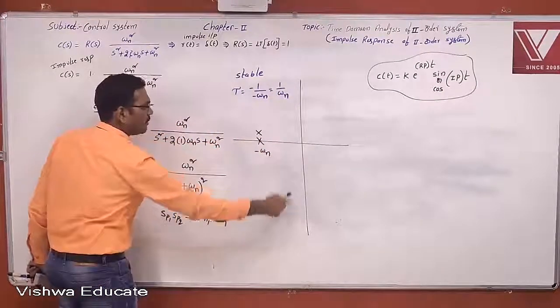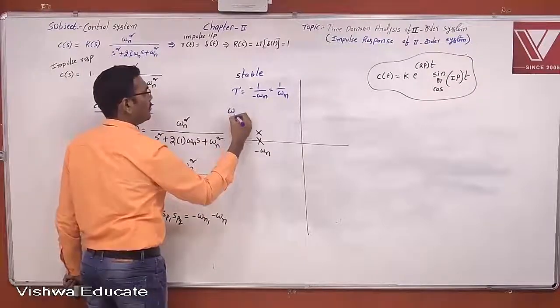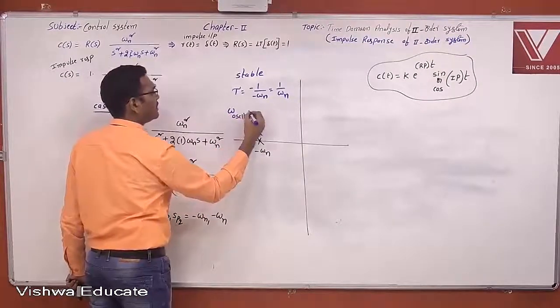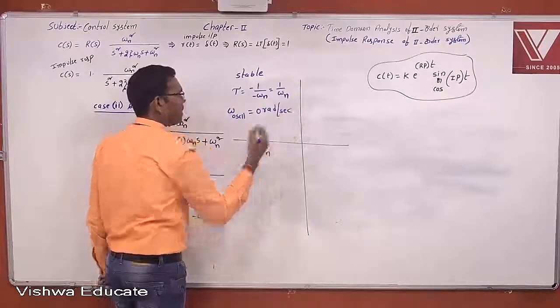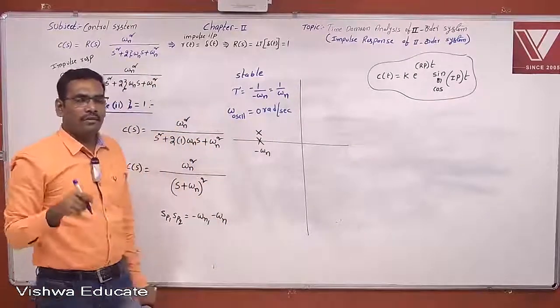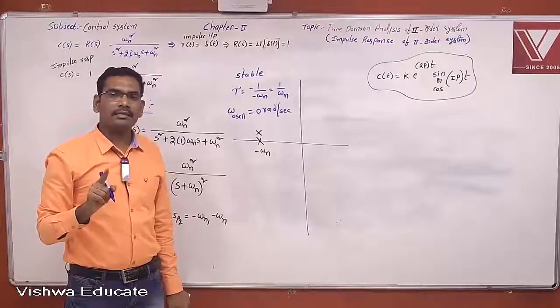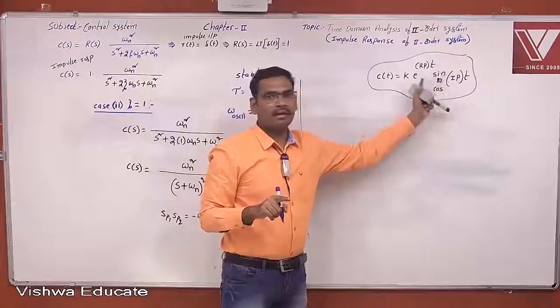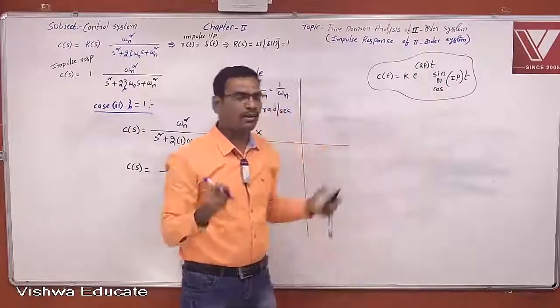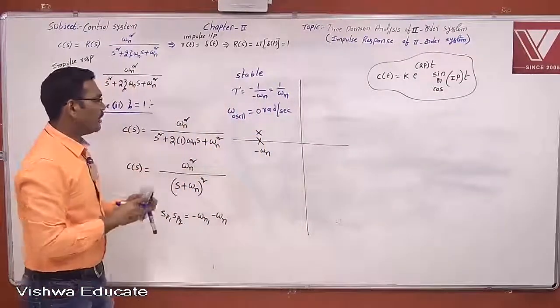No imaginary part, only real part. Therefore, oscillation frequency is 0 radians per second. Only one simple logic: whenever there is an imaginary part, there is a sine or cos term; no imaginary part, no sine or cos term, only an exponential term.